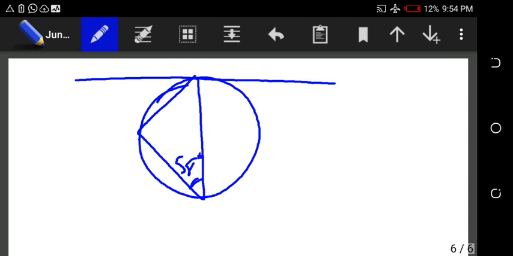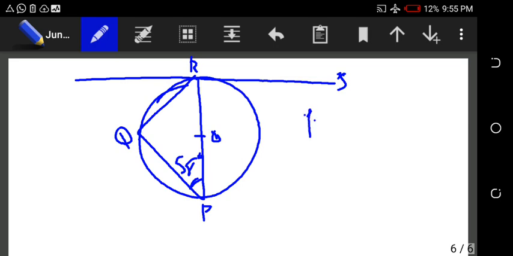That's R. Here is S. Here is P. Let here be O. And let here be Q. So we are looking for QRS.